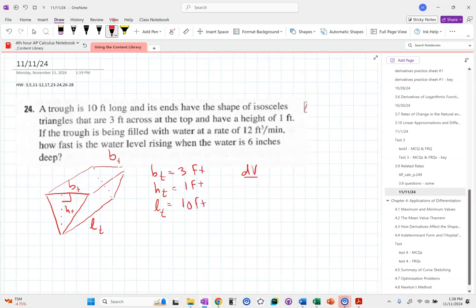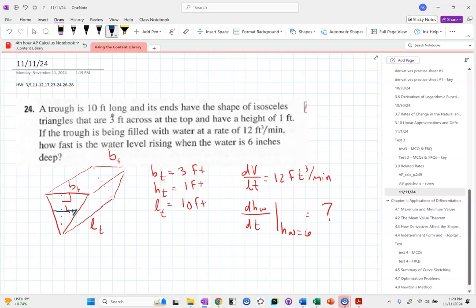And we have dV/dt is equal to 12. And we're asked for dHW/dt when HW is equal to 6. So far, so good.